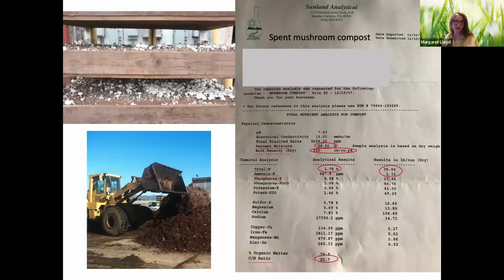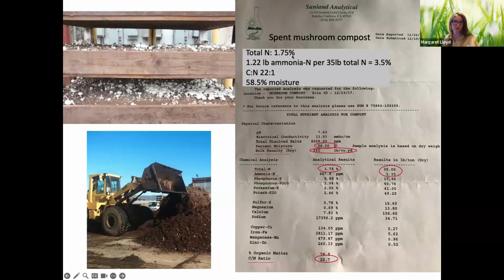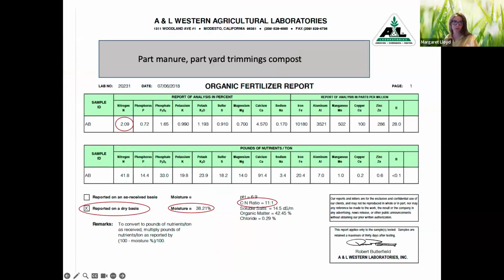So when you have a soil analysis from a composting facility, this is the information you want to be pulling out. You want to be looking at what that total nitrogen was. You want to be looking for that carbon to nitrogen ratio, and you want to be checking what the moisture is and finding out how they're selling it to you, with or without moisture being removed.